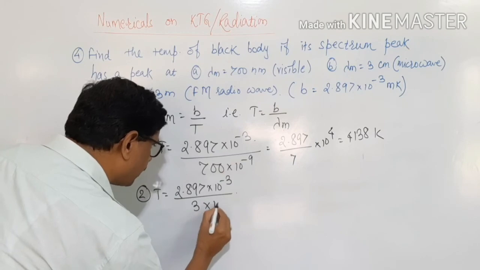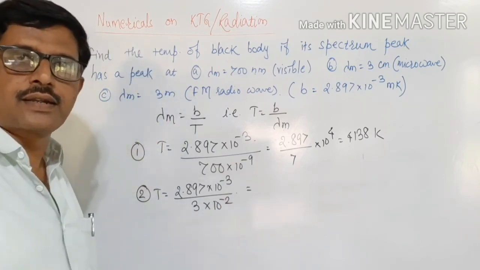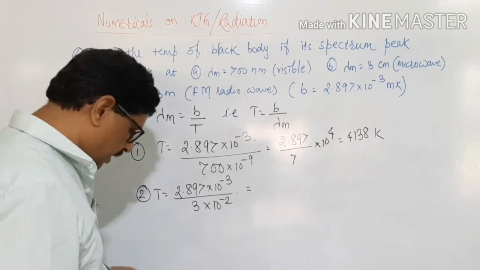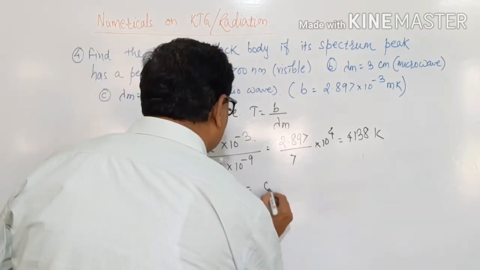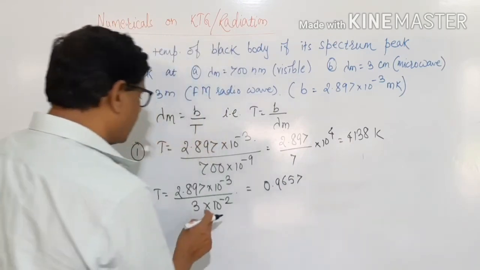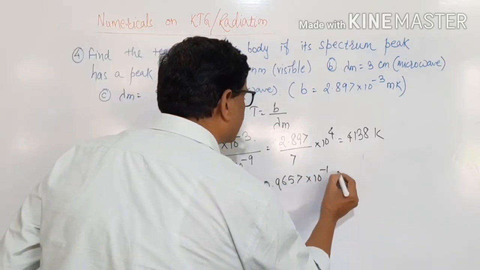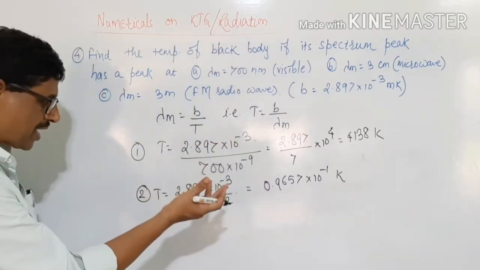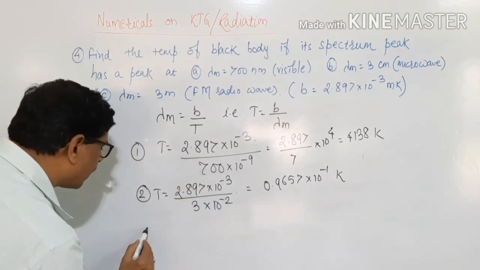It is 3 into 10 to the power of minus 2, and it comes out to be equal to 0.9657, it is 10 to the power of minus 1, this much K. This is one more answer that we will get for 3 centimeter wavelength.